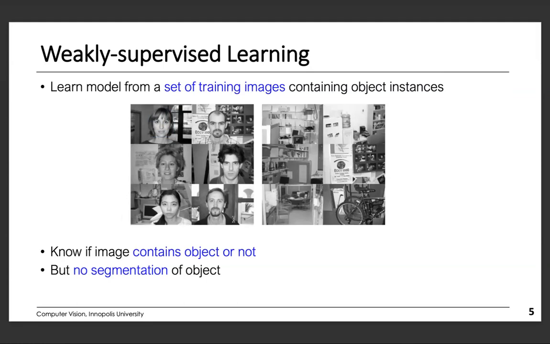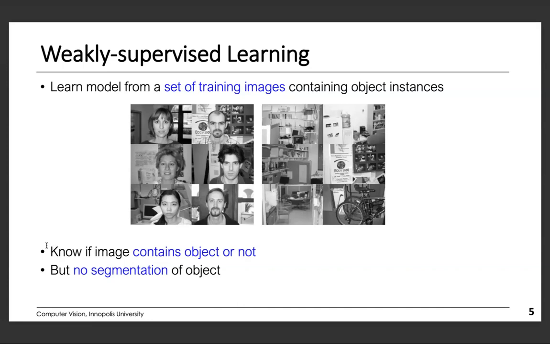So it's much faster in terms of building a data set. If you want to build a bigger data set, it's going to take you a lot of time to annotate every single image. But just providing those weakly supervised labels is a much simpler task than providing a detailed, exact location of these objects.